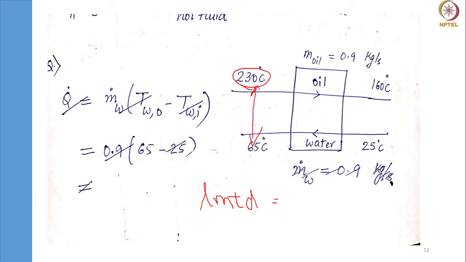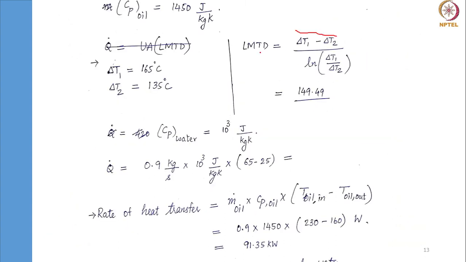We need to draw a schematic at least. Because it's a counterflow, we need to be careful which one is entering and which one is leaving. So this is delta T1 in this heat exchanger. This is delta T2.